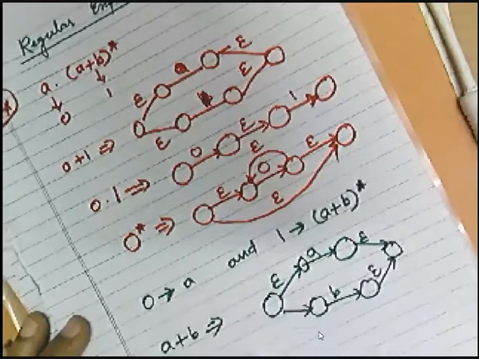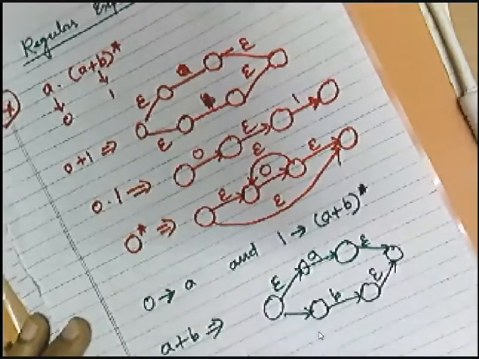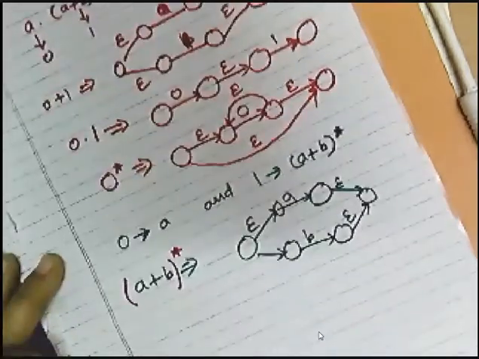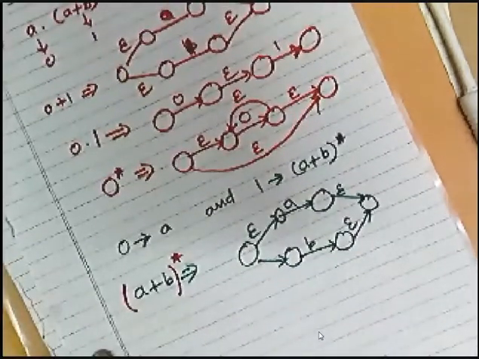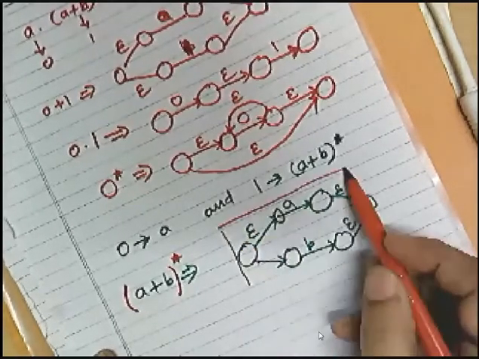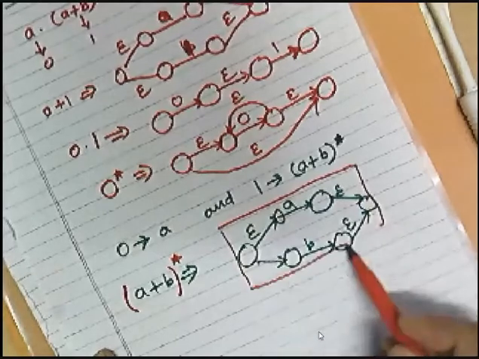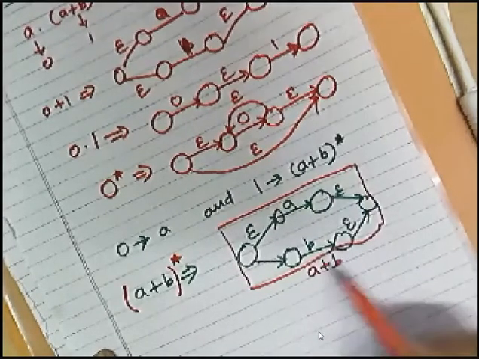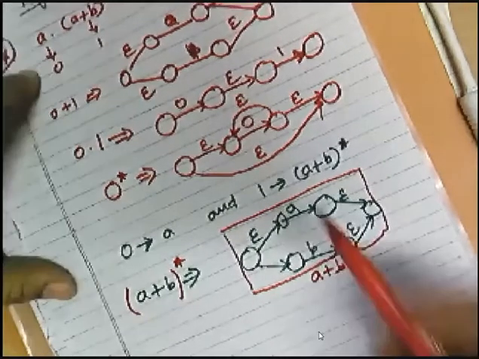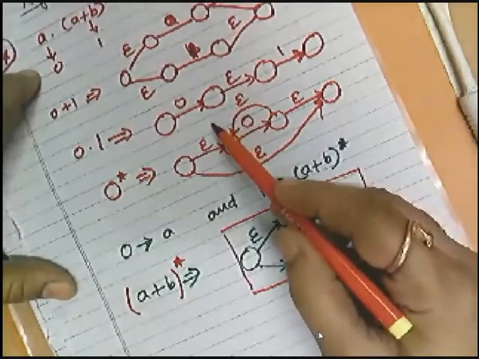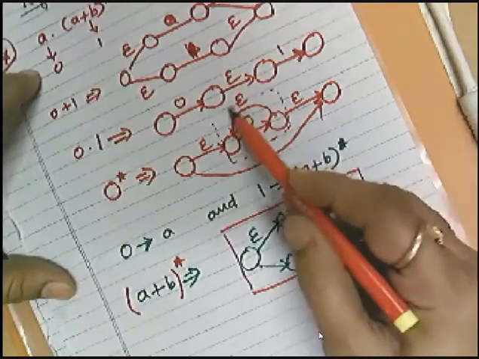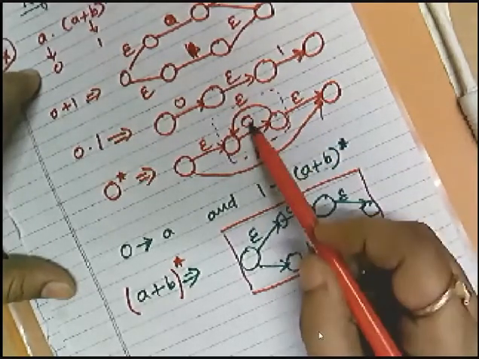Now I want to make it A plus B whole star, right? So if I want to make it A plus B whole star, now this particular part is nothing but my A plus B. Okay, now how to make it A plus B star? As you can see here, this particular part is our A plus B, this is also 0.